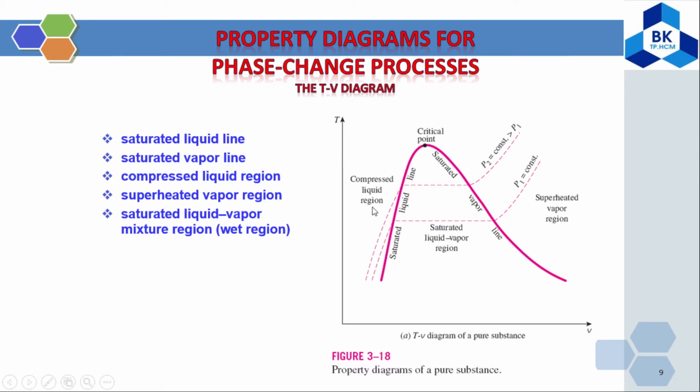The first zone on your left hand side we call the compressed liquid region or zone, and the region between the saturated liquid line and the saturated vapor line we call the saturated liquid-vapor region, and to the right of the saturated vapor line we got the superheated vapor region. Okay, so that means you know that there are still 5 states that can be presented in this diagram.